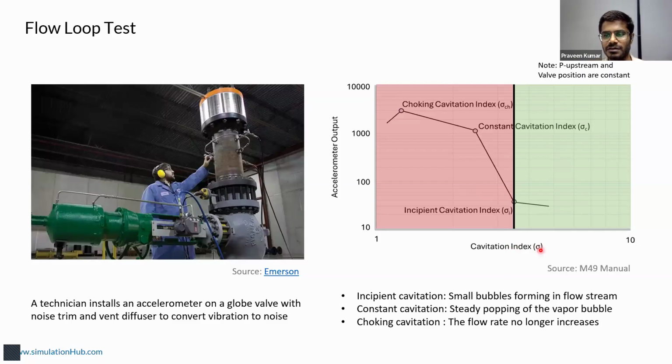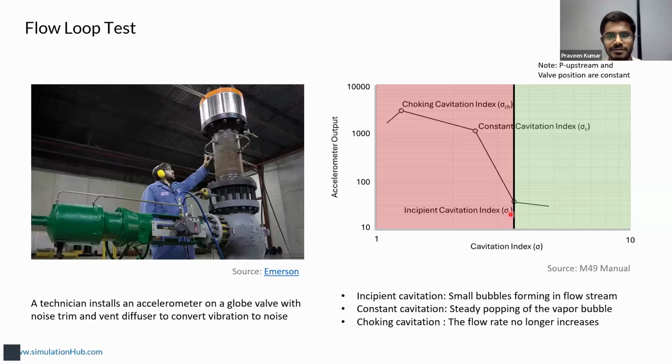Whenever my sigma falls below this incipient cavitation index, I am entering the cavitating region. Whenever my sigma is above the incipient cavitation index, I am operating in the safe zone. The higher the sigma, or the farther the sigma from the incipient cavitation index, the safer I am, operating in the safer non-cavitating zone.